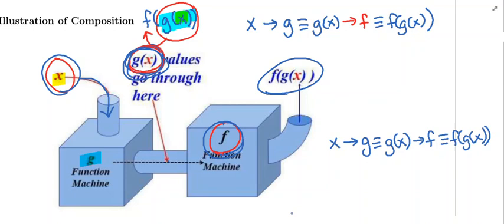We are basically plugging one function into another, and you're going to see in a minute, we're always plugging the inside function into the outside function. Order matters. If you're doing f of g, you're not necessarily going to get the same thing as if you do g of f. And finally, with composition, we will be taking two functions and making a new one, so you are going to have to find the domain of your composite function, and that can be a bit tricky.